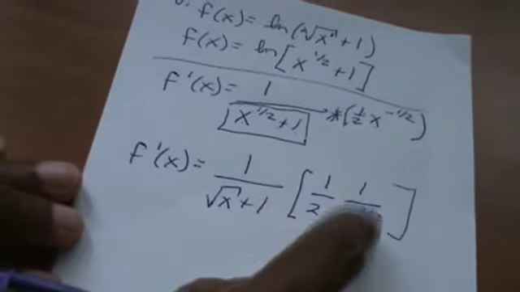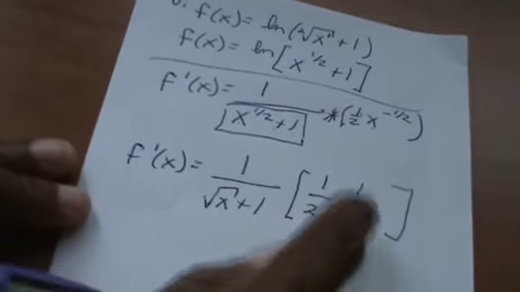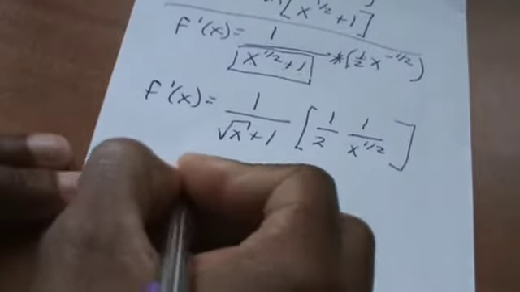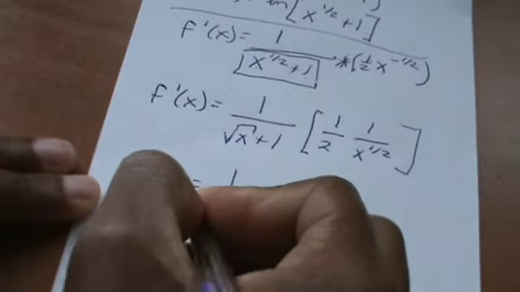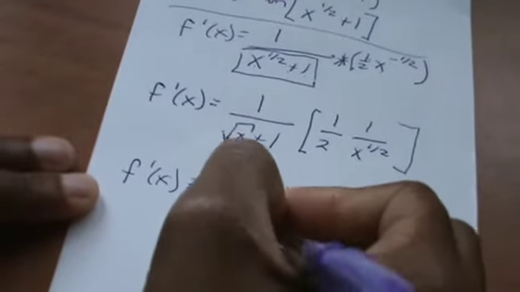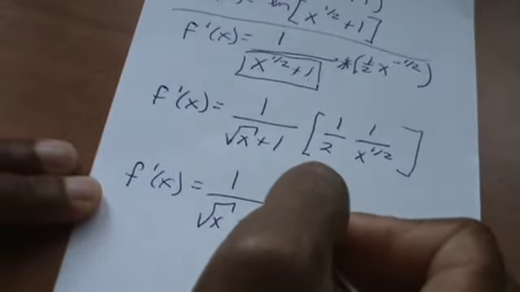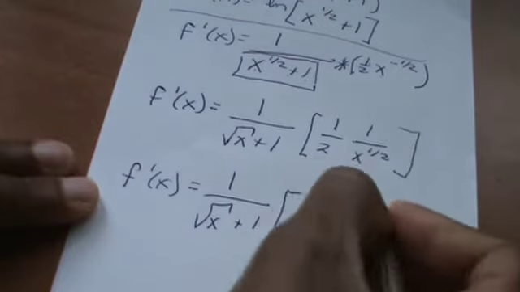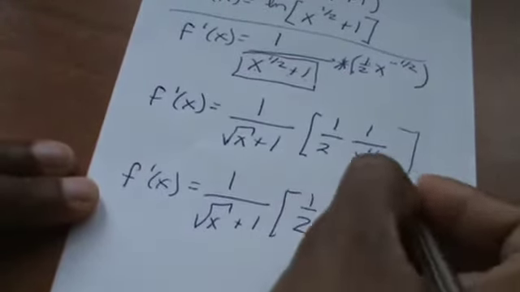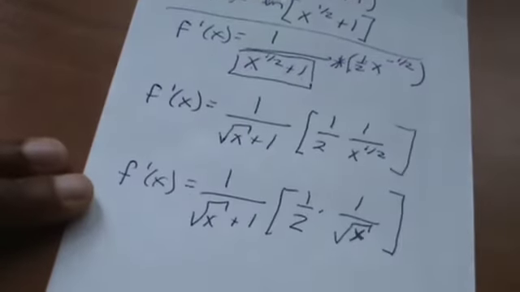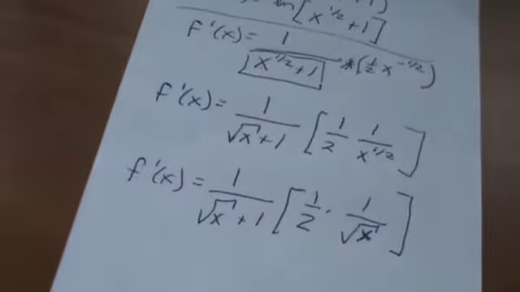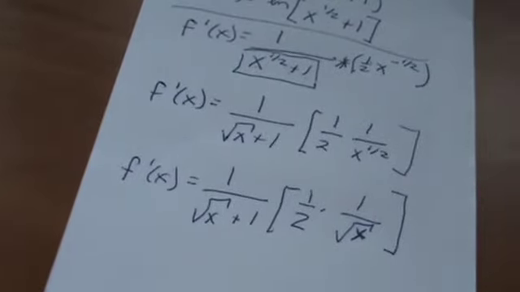And then the last thing you would need to do is rewrite this x to the 1/2 power. So then you get f prime of x equals 1 over the square root of x plus 1 times 1/2 times 1 over the square root of x. Okay, so that's one version of a correct answer.